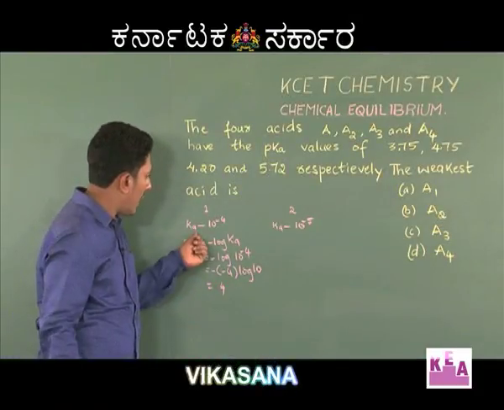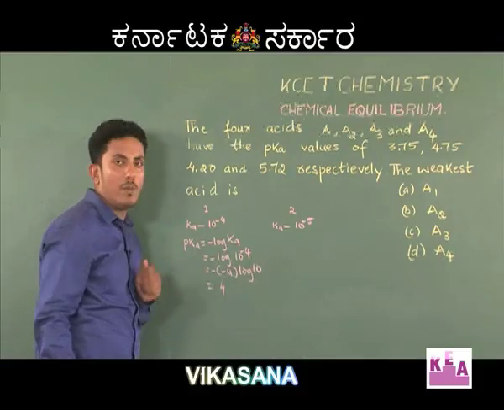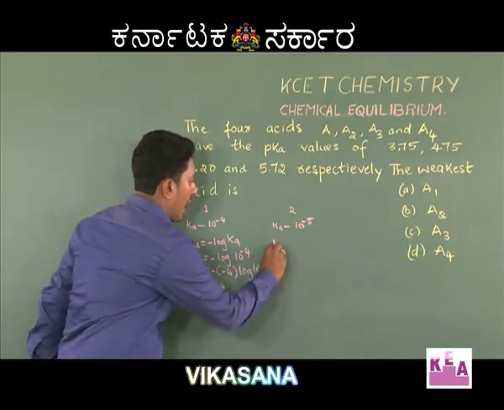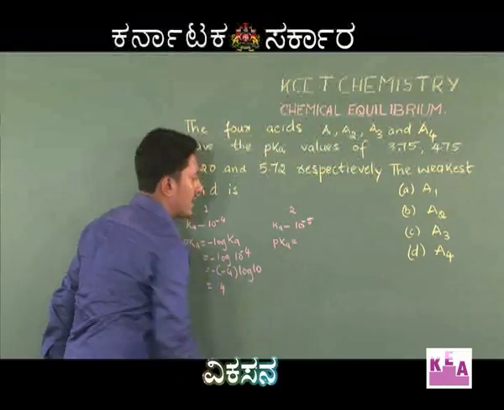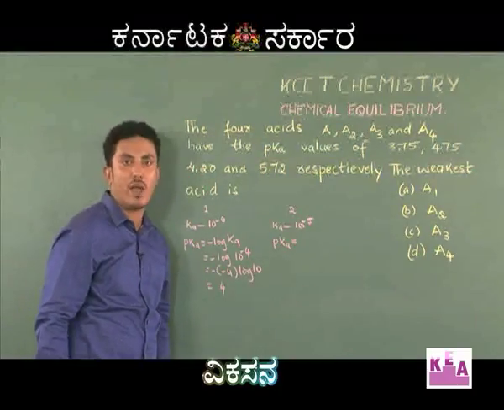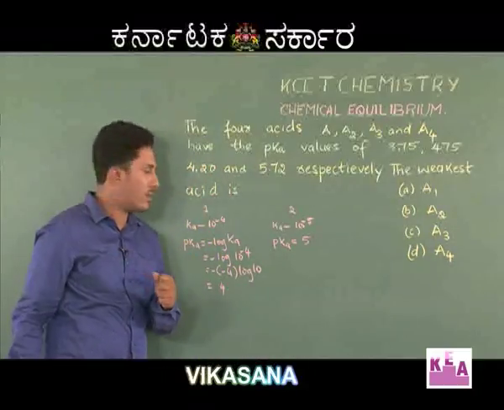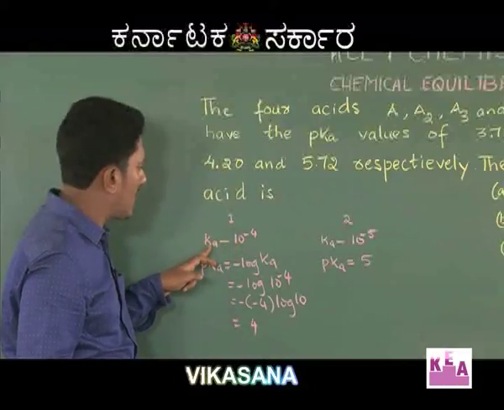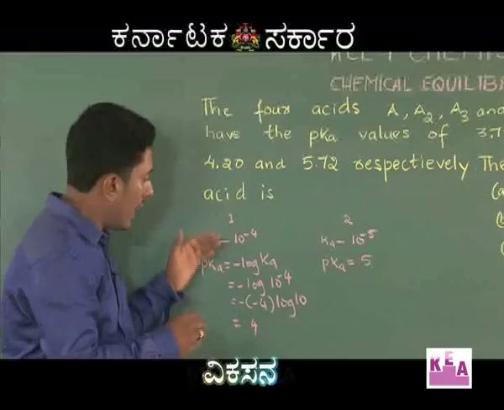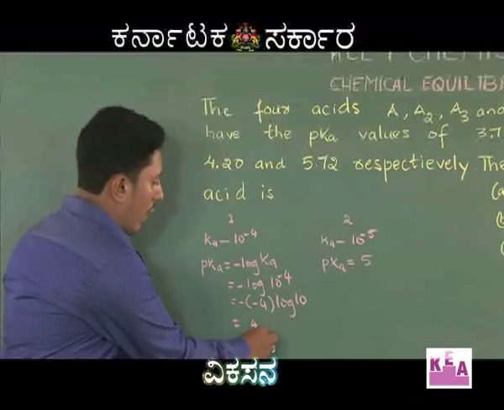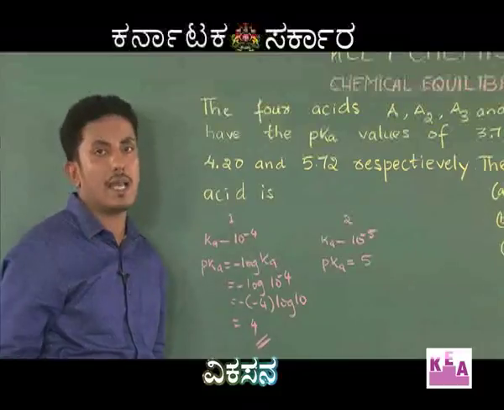That is, for Ka 10 raised to minus 4, the pKa will be 4. Similarly, for the second acid with Ka value 10 raised to minus 5, the pKa will be 5. As discussed, 10 raised to minus 4 Ka is the larger value, hence it is a stronger acid. In terms of pKa, smaller the value of pKa, stronger is the acid.